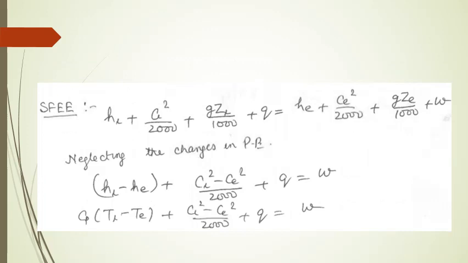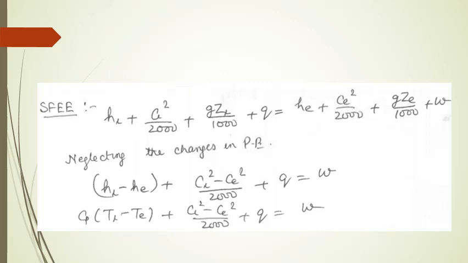Now this is the steady flow energy equation written on the slide. Now every term here is in kilojoule per kg. Enthalpies are normally written in kilojoule per kg in steam tables or gas tables or air tables wherever available, or they are given in kilojoule per kg by the examiner in the question paper.